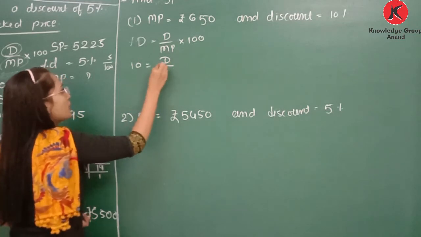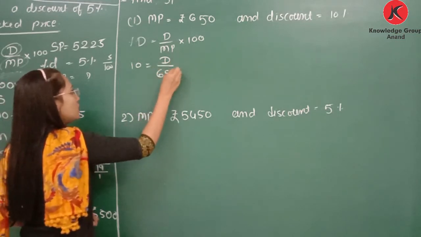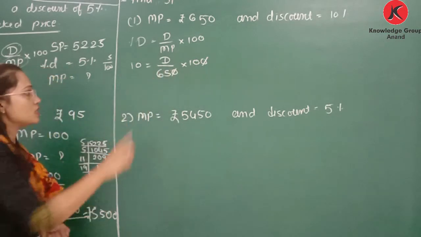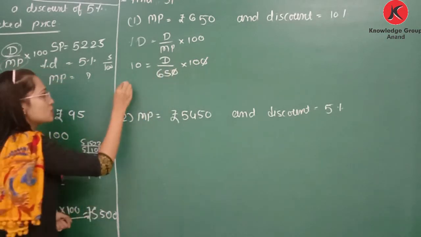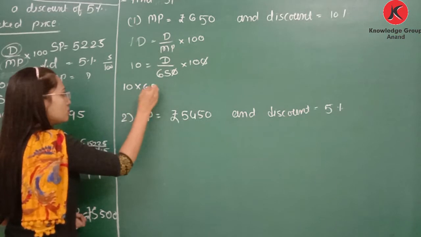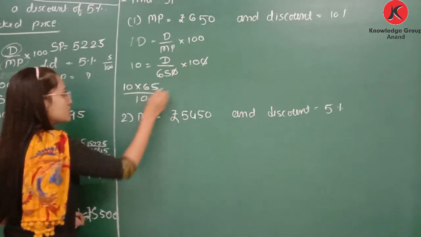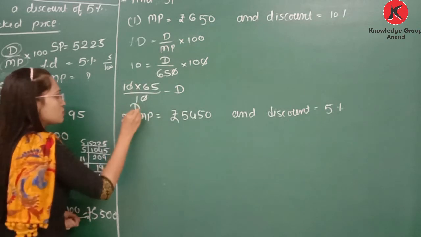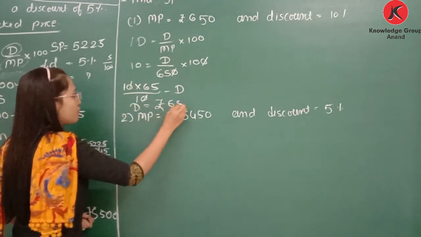Now discount percentage is 10. D divided by 650 multiplied by 100. We can cut a 0 here. 65 becomes multiplication, so 10 into 65 divided by 10. This 10 that is in multiplication becomes division, so the 0 cancels. So discount is rupees 65.